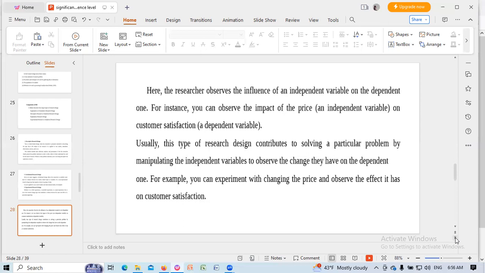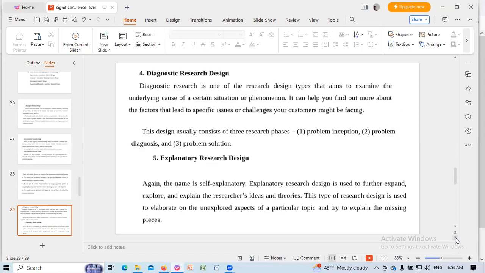Usually, this type of research design contributes to solving a particular problem by manipulating the independent variables to observe the change they have on the dependent one. For example, you can experiment with changing the price and observe the effect it has on customer satisfaction.